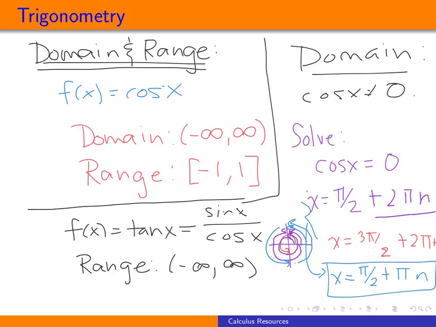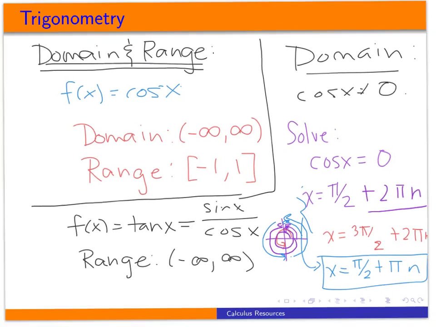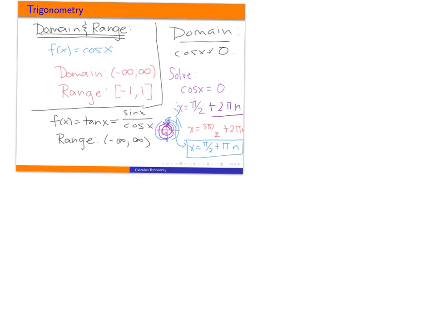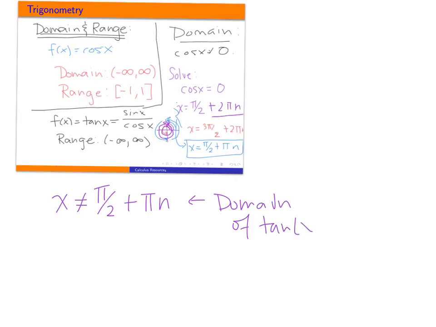So what we have then for the domain of tangent is that x cannot be pi over 2 plus pi n for any integer n. That's the domain of tangent x.